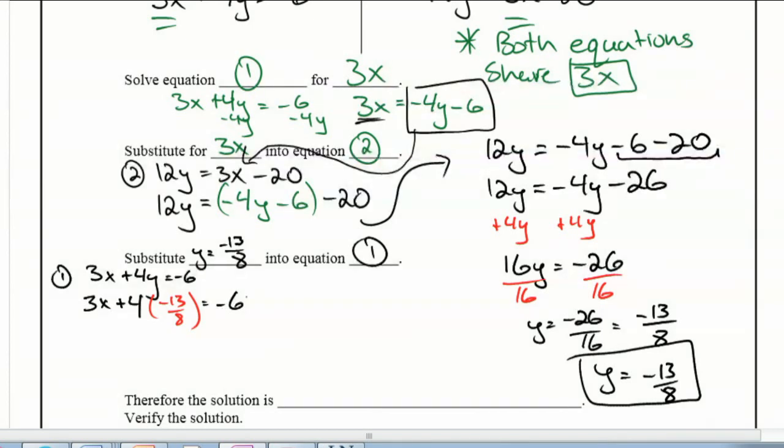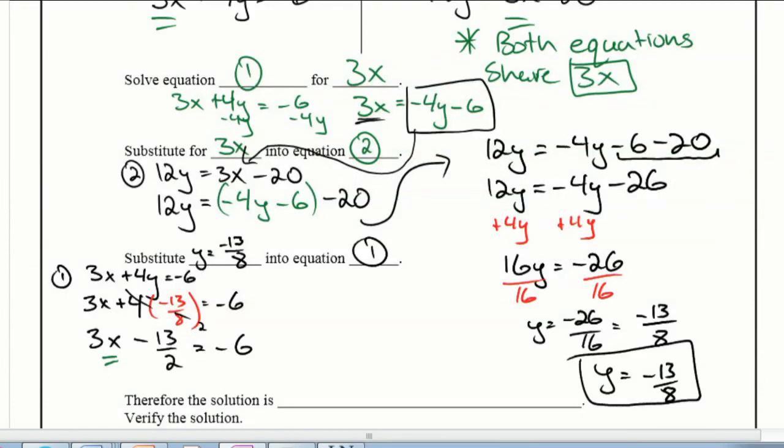All right, let's see how we can simplify this. It's going to get a bit messy. 3x, 4 times 13 divided by 8. I'm going to get 13 over 2, because the 4 and the 8 are going to simplify to just give me a 2 on the bottom. So that's looking okay. Now I'm trying to get x by itself. We're trying to isolate x.